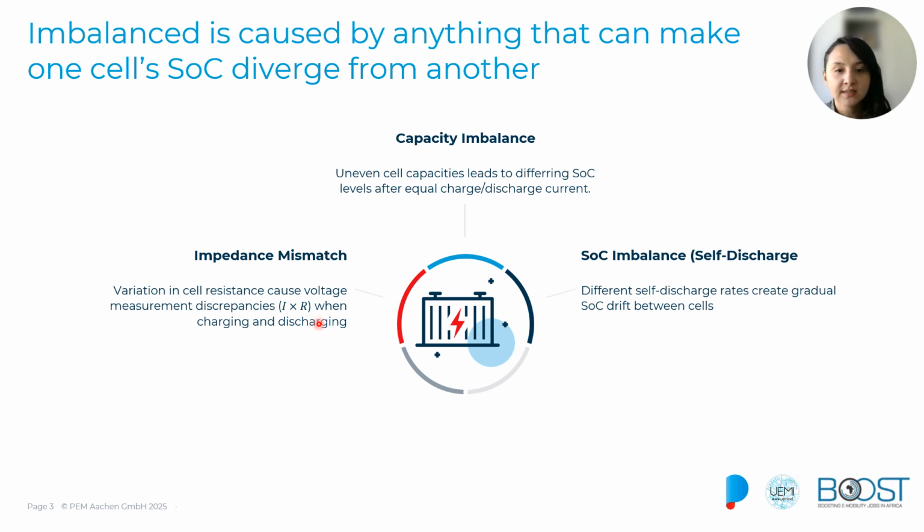And the last one is the impedance mismatch. As has been mentioned before, each battery cell has an internal resistance or internal impedance, which may affect the efficiency of the battery.